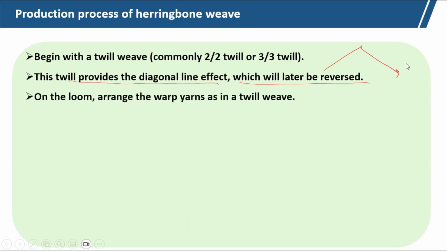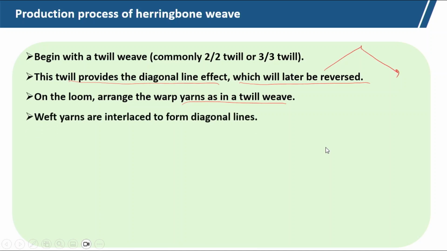On the loom, arrange the warp yarns in a twill weave. So, as in the twill weave we arrange the warp yarn, similarly we arrange the warp yarns here. The weft yarns are interlaced to form a diagonal line.